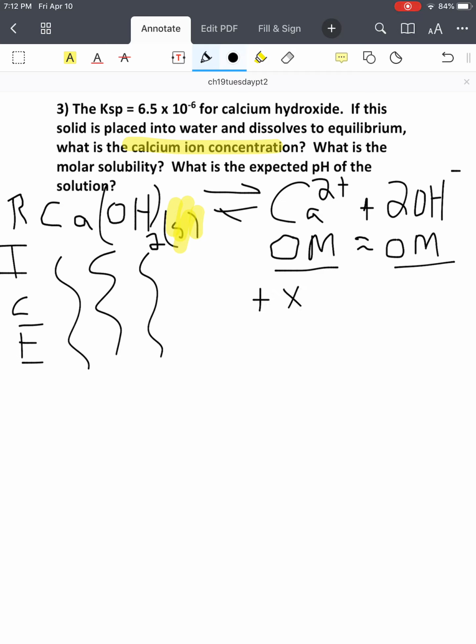We're going to make some calcium. We'll make twice as much hydroxide by virtue of the stoichiometry. So we'll have x concentration and 2x once our equilibrium is reached.